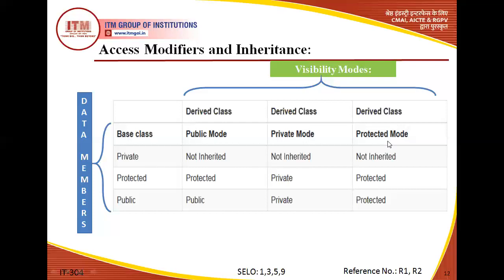And if you are inheriting protectedly, the private data members again will not get inherited, and the protected and public members will become protected. So likewise this whole concept works.